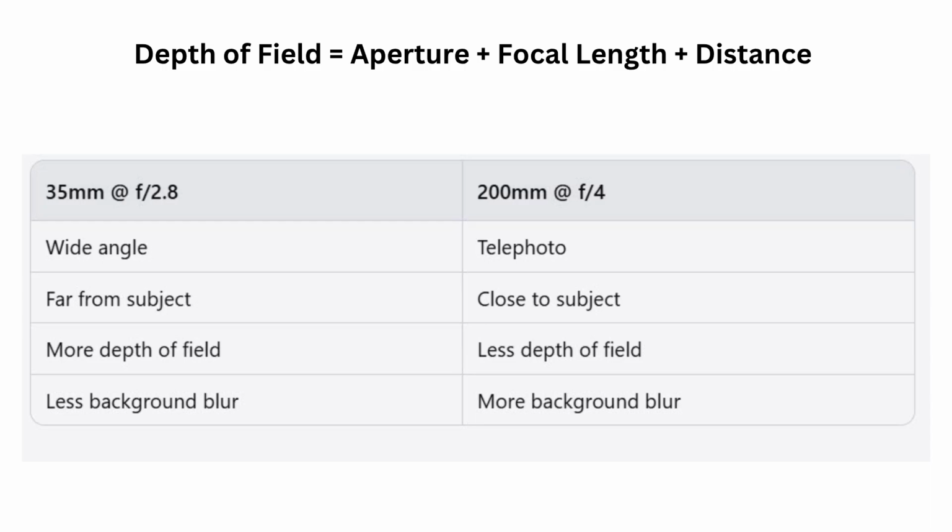And changing any one of those can dramatically change your photo, can dramatically change your depth of field. So if you want more blur in your photographs, it's not just about altering your aperture. You can alter the distance that you are from your subject, and also you can alter the lens that you're using. As an example, the 200 millimeter at f4 can blur way more than a 35 millimeter at f2.8.